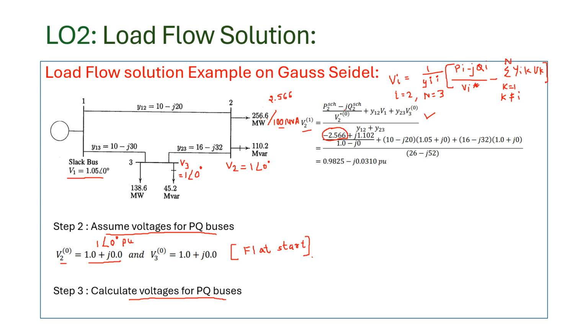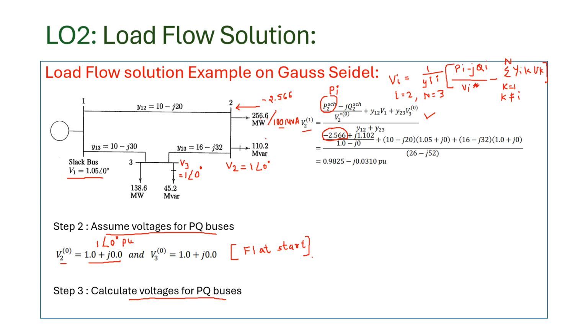Now, as we have already discussed, this P value, that is Pi, is the net active power injected into the bus. But now we are given that we are taking power from the bus, whereas we want the power we are injecting into the bus. So it is minus 2.566 because of this reverse direction.